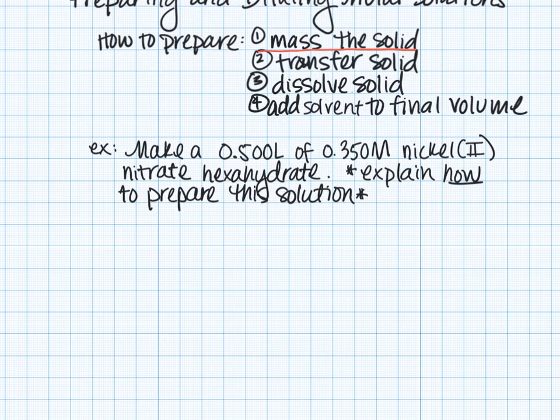You're not doing any calculator work, paperwork. You are just taking the solid that you need, dissolving it, transferring it into the desired container, and filling it to the final volume. So it's really step one where all the calculations take place. So again, I'm going to write down what I have. I'm given a 0.5 liter solution.